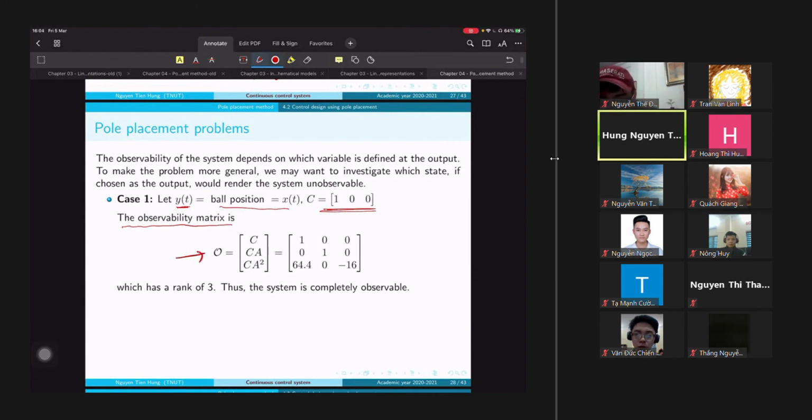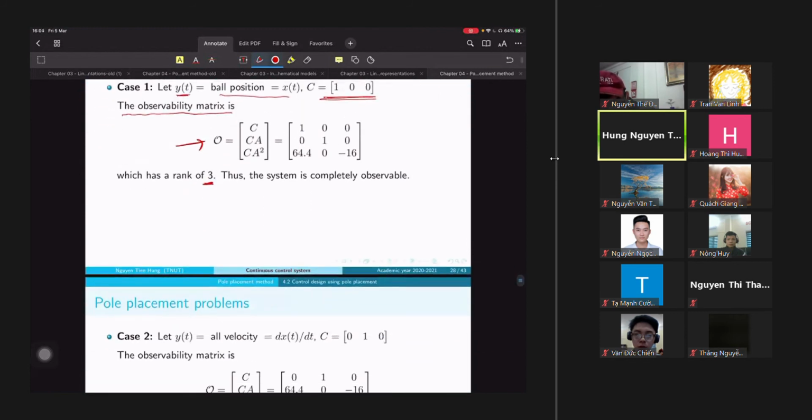In this case, we check the rank, and the rank is 3, meaning that if you measure only the distance of the ball compared to the bottom end of the electromagnet, then all the states can be observed. So this is the first case.